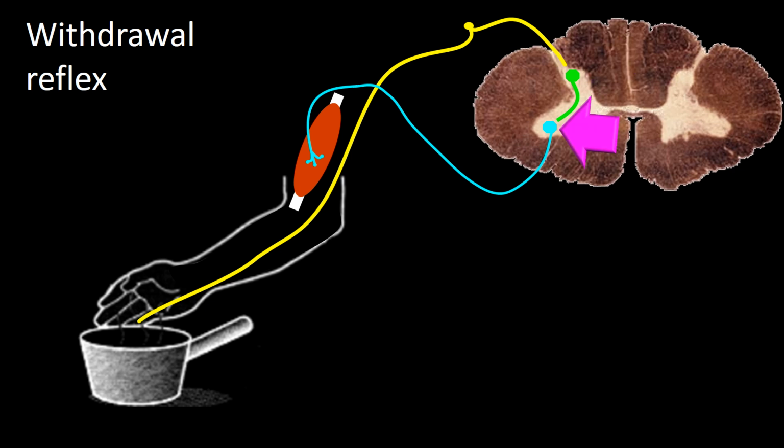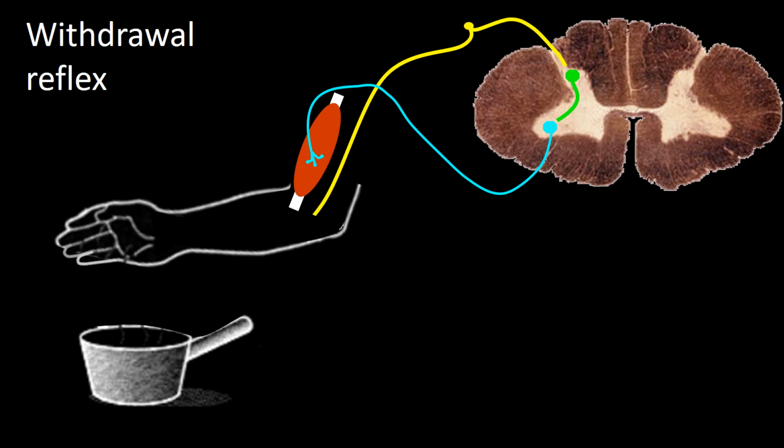This excitatory interneuron then contacts an anterior horn motor neuron. The anterior horn motor neuron activation triggers the contraction of the body part in contact with the noxious stimulus, as shown here. This is a polysynaptic reflex because it has not one but two interspinal synapses.